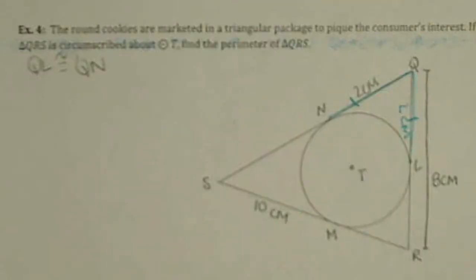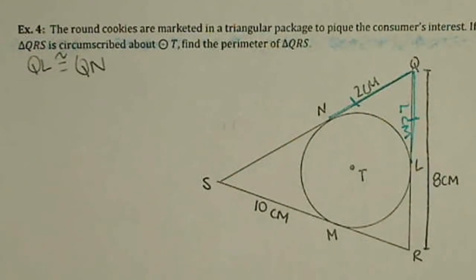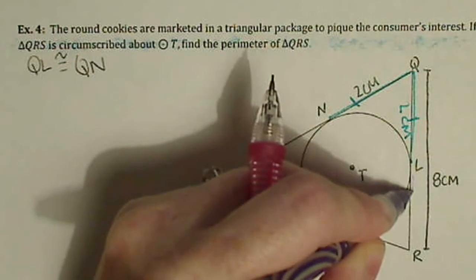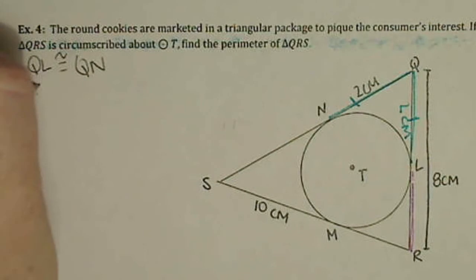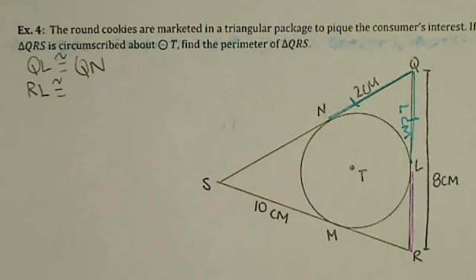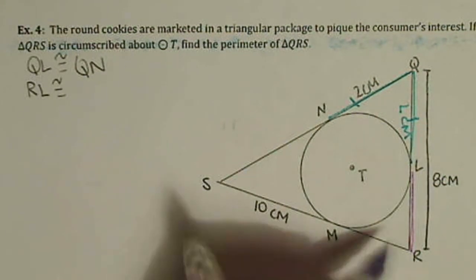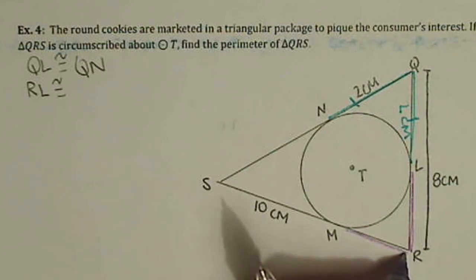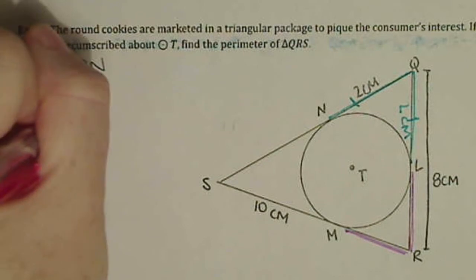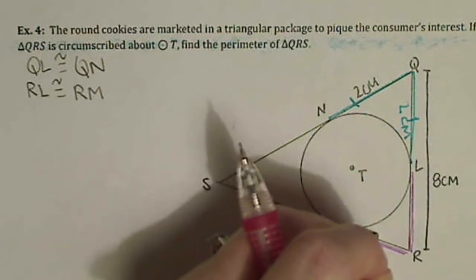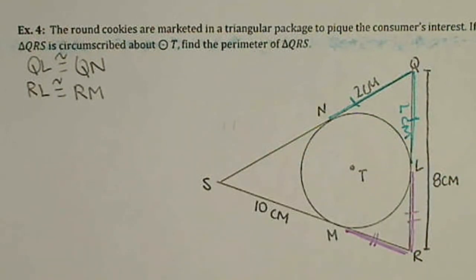Okay? Now that same theorem, we're going to use it over here. RL is congruent to what? RM. Yes. So these two sides are congruent.